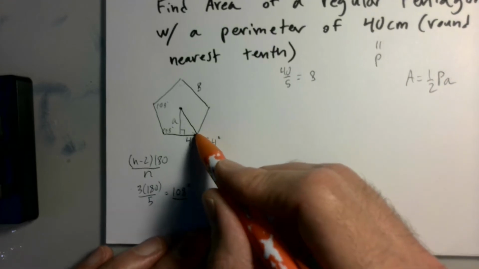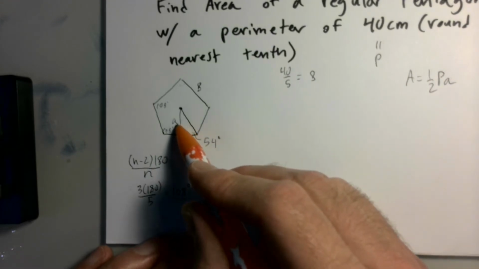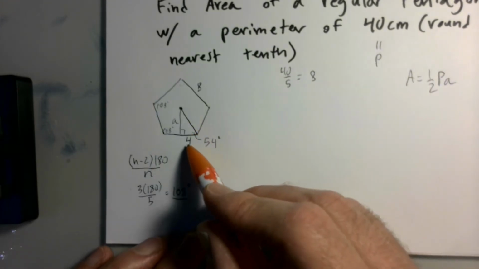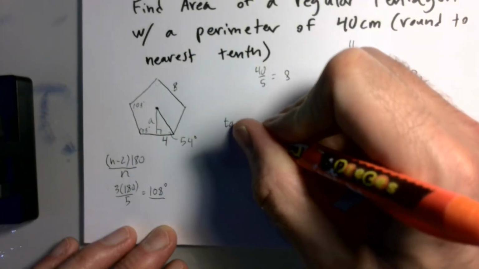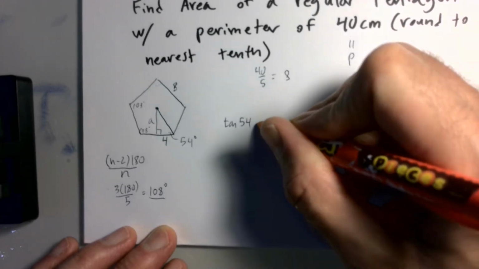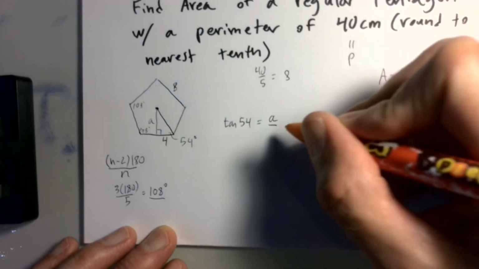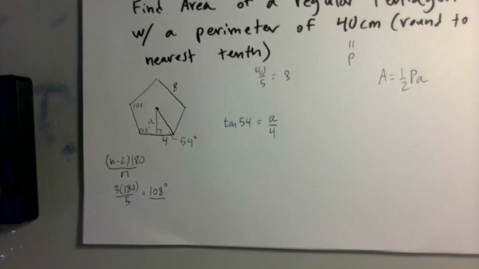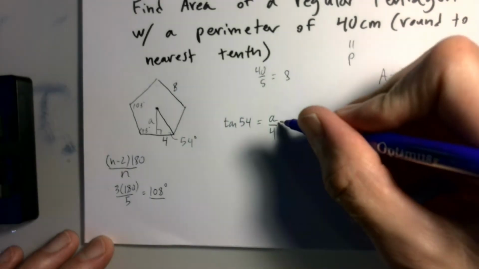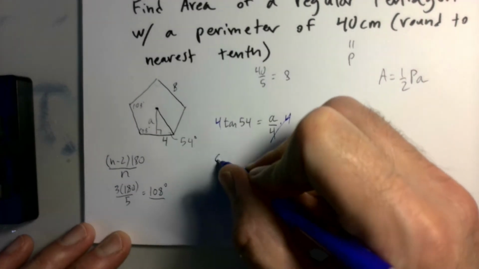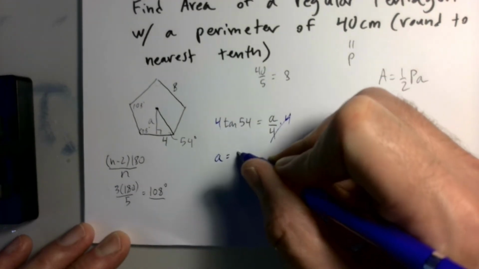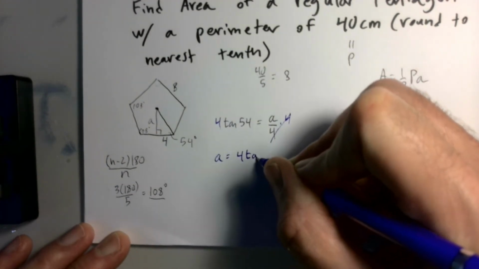Now that I have an angle, the opposite side is the apothem and the adjacent side is 4. That is going to be a tangent. So tangent of 54 equals little a over 4. To solve these kinds of equations, we multiply both sides by 4. So in my calculator, I would type apothem equals 4 times tangent 54.